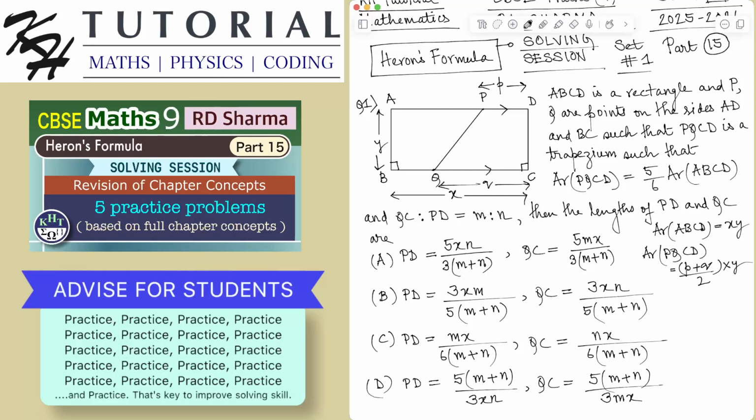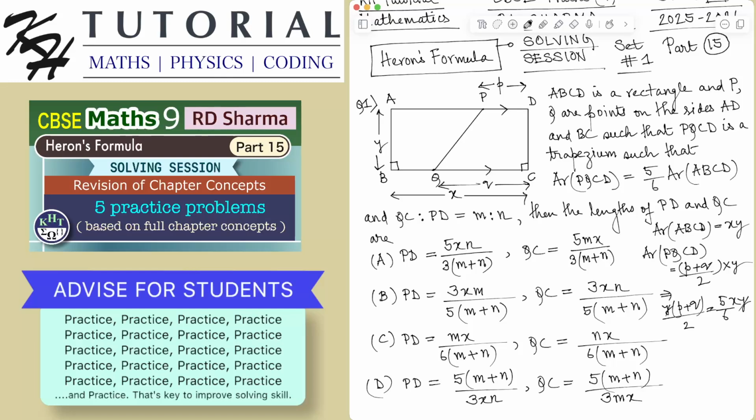So the area of the trapezium is given to be 5 by 6th part of the area of the rectangle ABCD. So we have y into (p plus q) divided by 2 should be equal to 5 by 6th part of the area of the rectangle, which is xy. y cancels out.